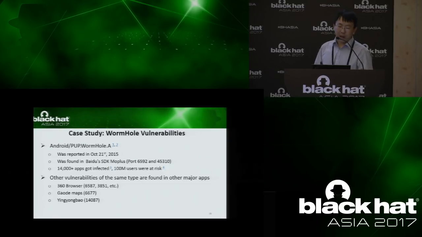Later, other similar vulnerabilities were also found in different applications, including major applications. If you look at the names, this one is by Qihu, this one is by Guangdong, and this one was actually obtained by Ali, I would say.